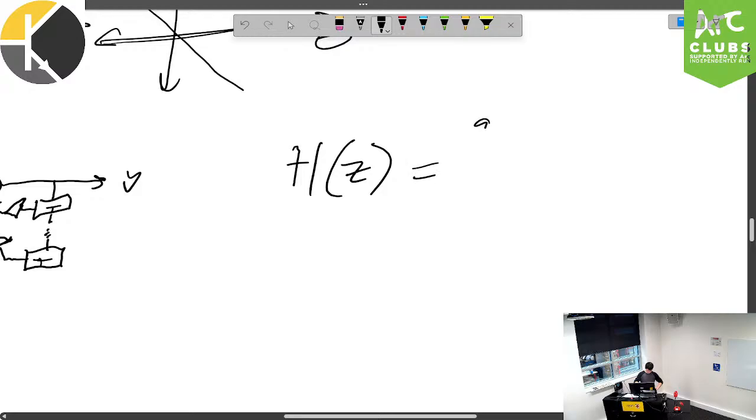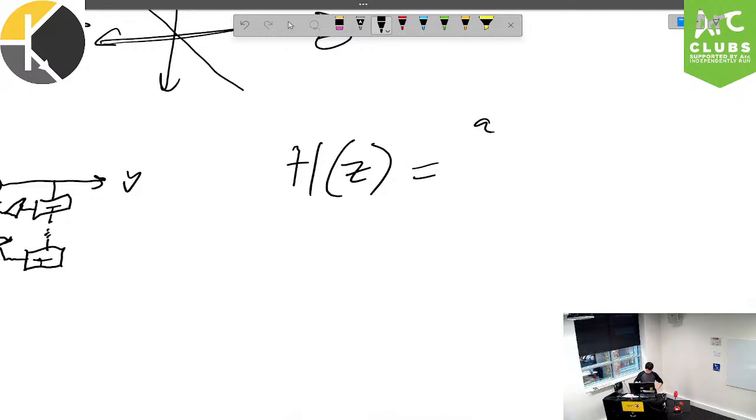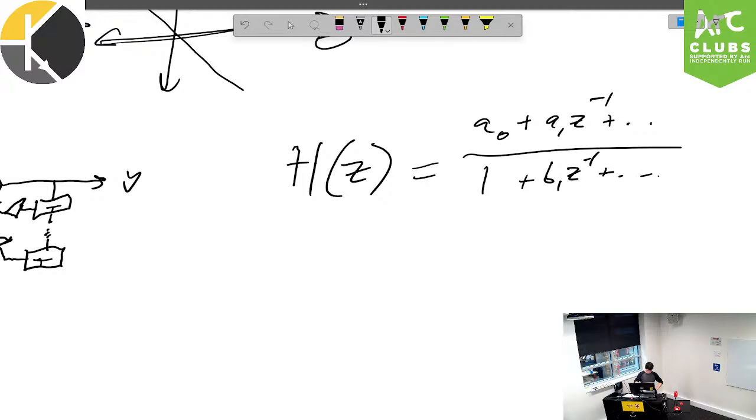H of z typically equals a0 plus a1 z inverse plus yada yada, on b0 plus, actually, usually this is 1, plus b1 z inverse plus, so forth.